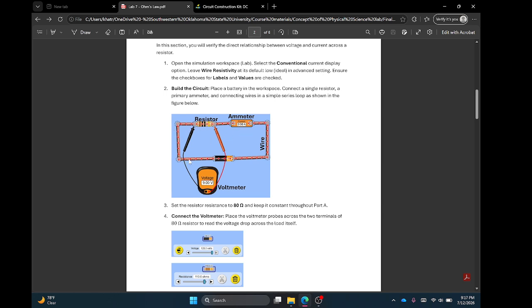So this is an example of a basic series circuit which we will use to verify Ohm's law.